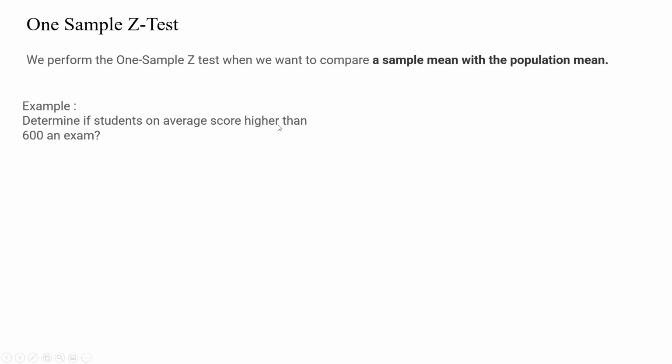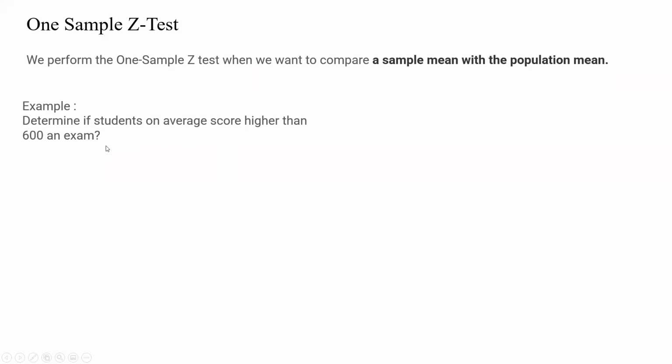So we have a single mean, that is the average of the score, and we are comparing that with the value 600. So it's a single sample comparison with a particular number. We call the Z-test used in this type of scenario a one sample Z-test.